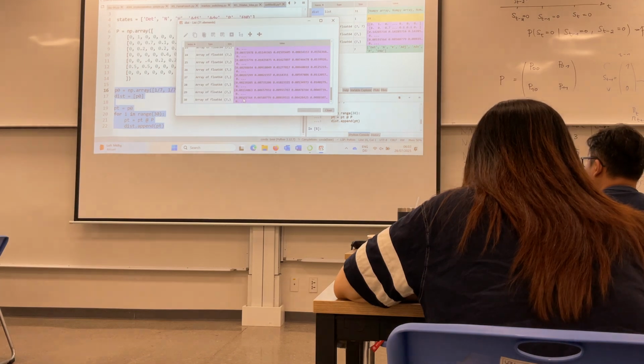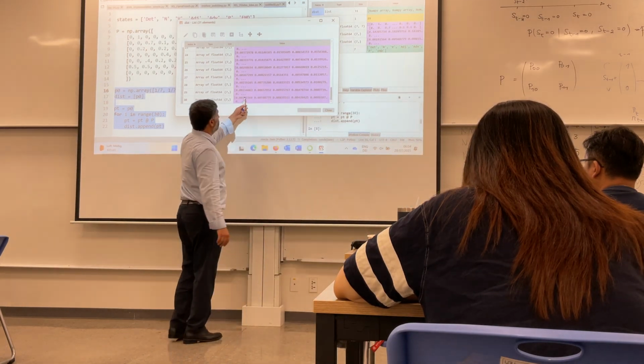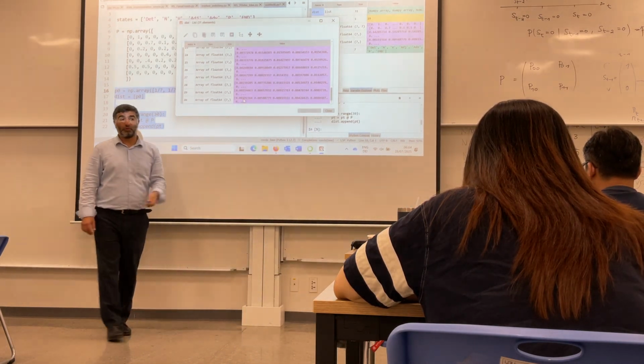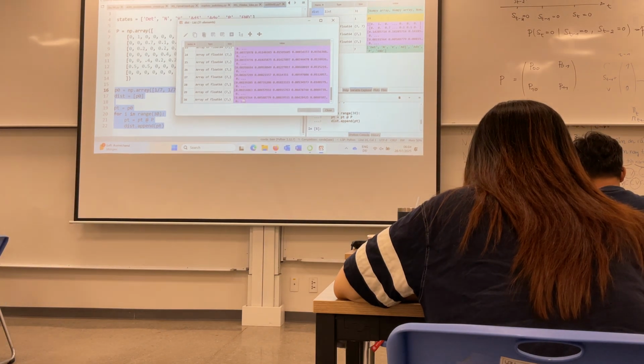So I may go out, but then I may come back to it. So where will this probability actually converge to? Let's increase this to a very large number.